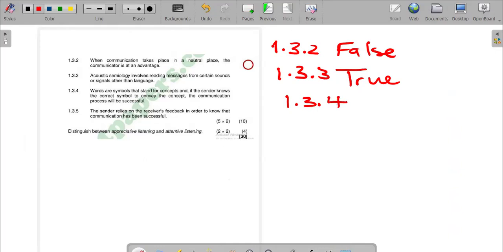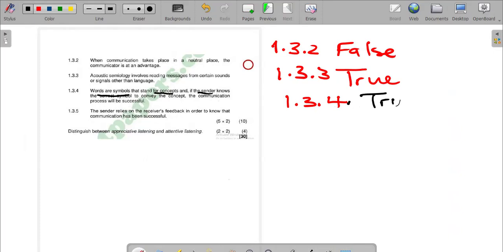1.34. Words and symbols stand for concepts, and if the sender knows the correct symbol to convey the concept, the communication process will be successful. The answer is false. The receiver must also know the what? The concept.